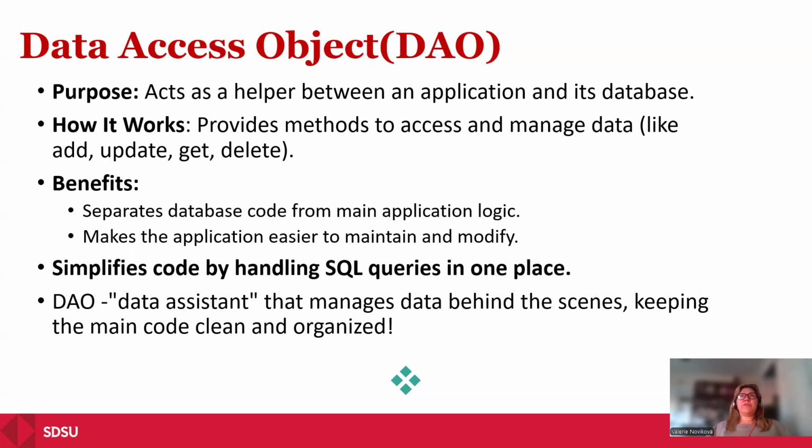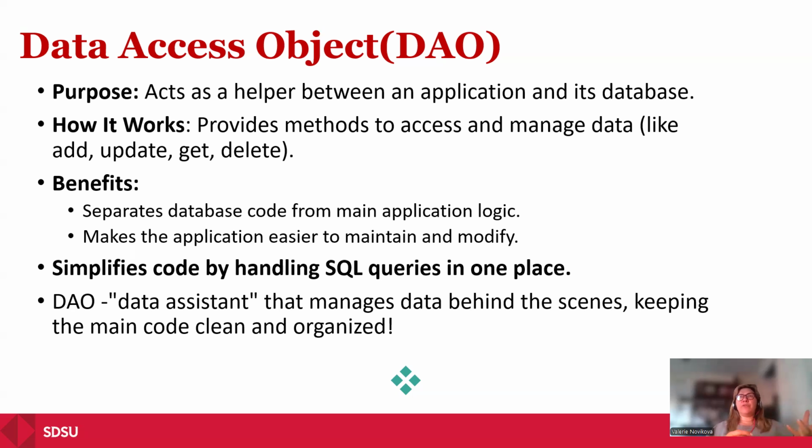So, for example, when we talk about your bank application, once you secure a connection between your application and your bank account, it creates a data access object that allows you to specifically access your different accounts. It has all the methods to function with your account.